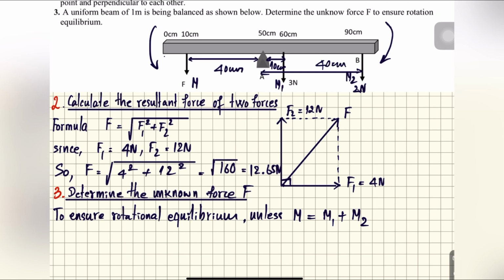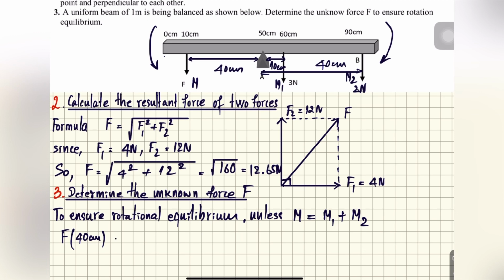So we take force F, the moment in anti-clockwise, multiplied by 40 centimeters. You may convert it to meters if you wish, but we're not gonna convert it because on both sides we have centimeters, so we can simplify.